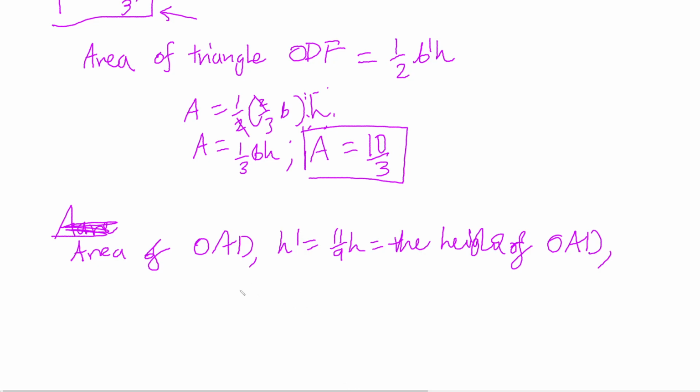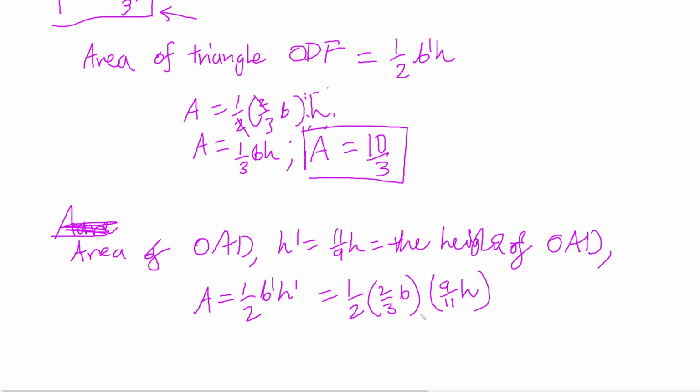So, given that the area is half times b prime h prime, the new b and the new h, we get the area is half times 2/3 times the old base times 9/11 times the new height. And that's, cancel this 9 with a 3 to get 3/11, you get area is 3/11 base times height, which is, since base times height is 10, 30/11 units squared.